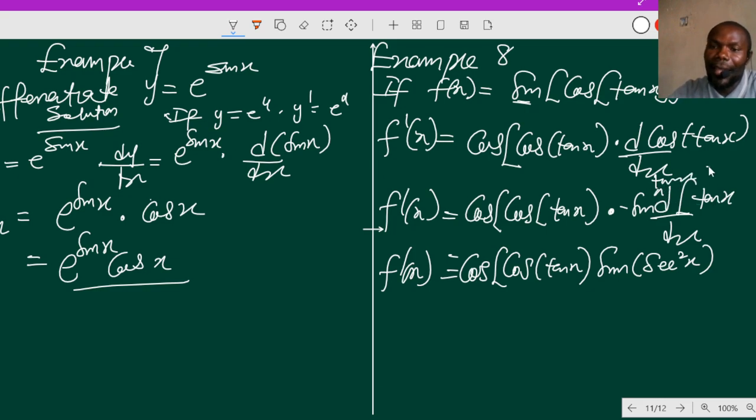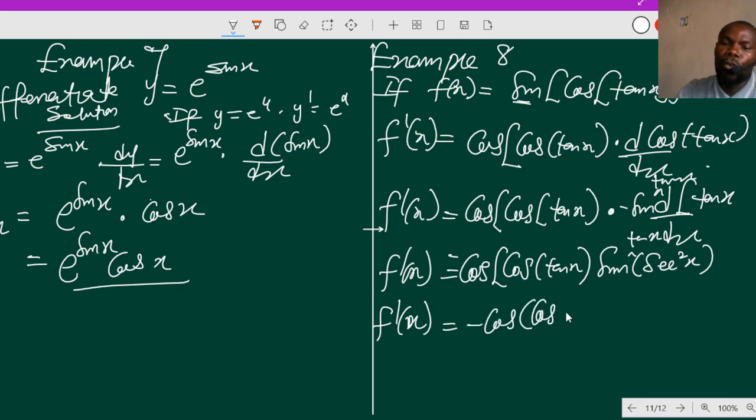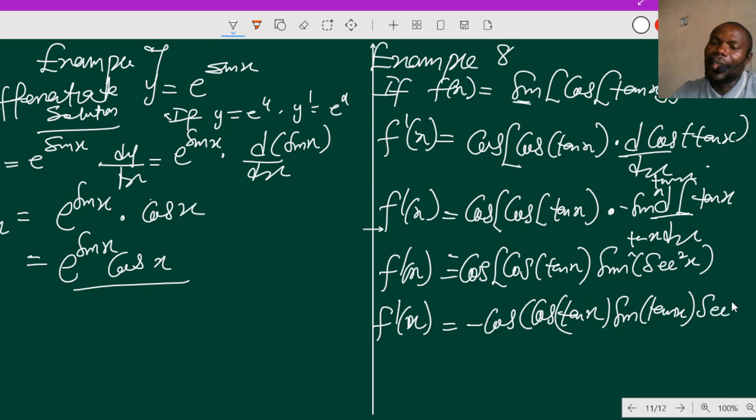Because you apply the formula twice, the final answer is cos of tan x times sec squared x.